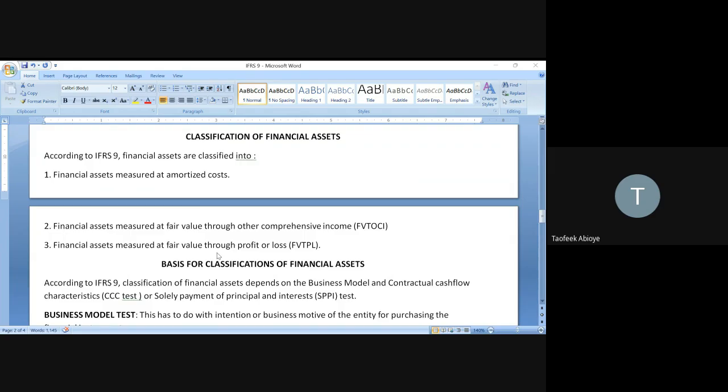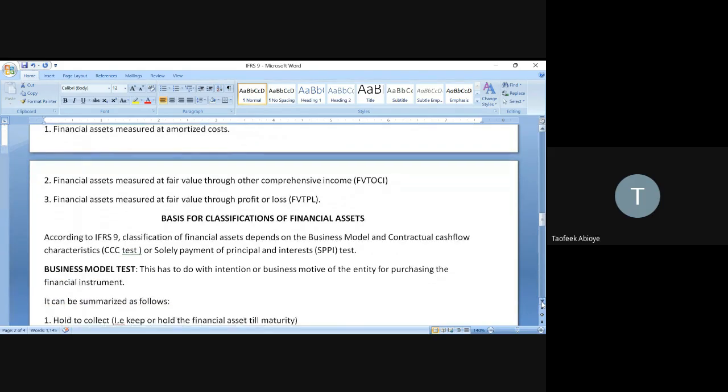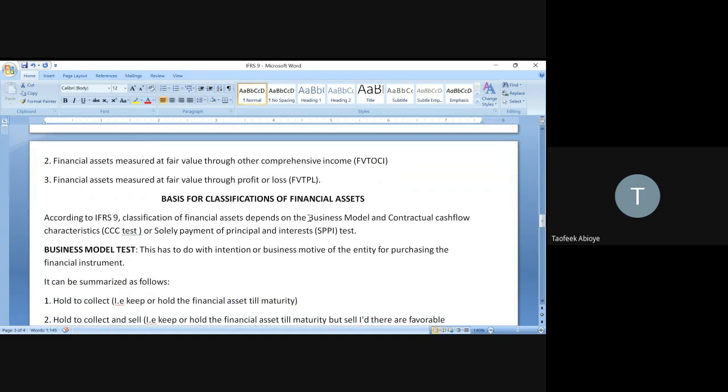Now, for us to classify as amortized cost, fair value through OCI, or fair value through P&L, there is a basis of classification. The basis of classification depends on two things. Number one, the business model.